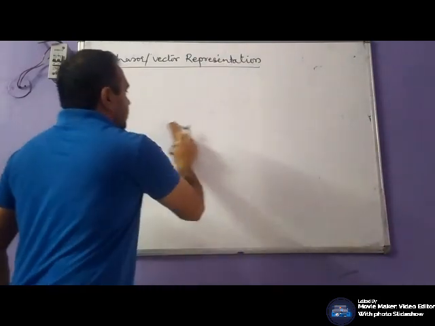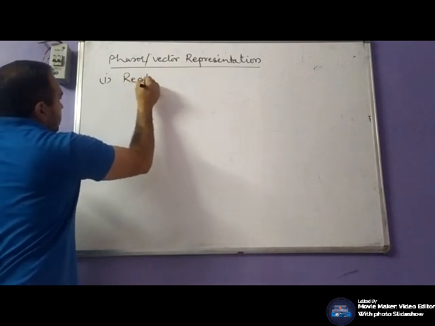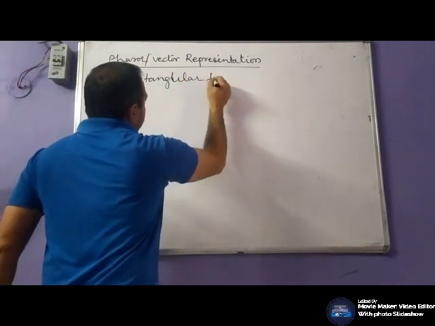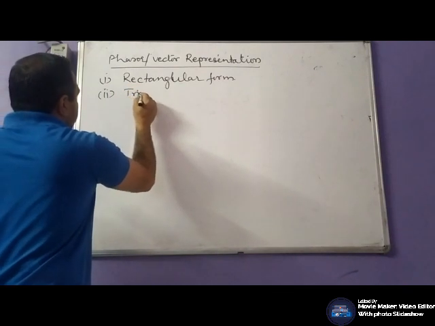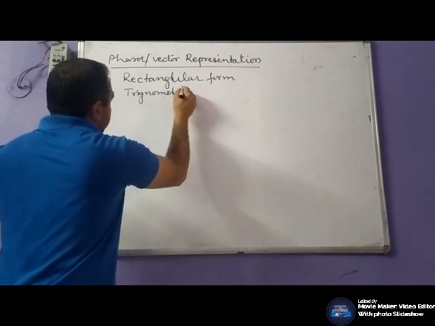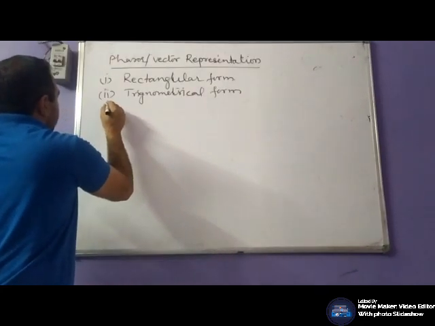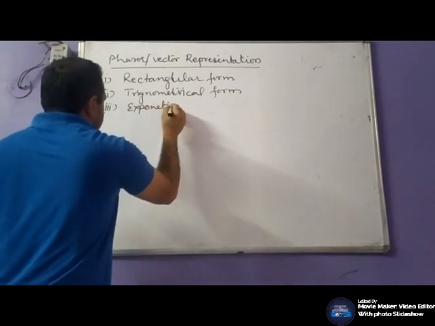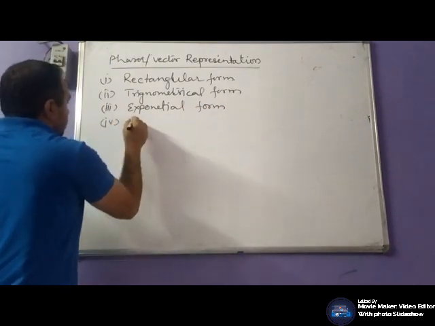So we have different forms, that is rectangular form, trigonometrical form, exponential form, polar form.